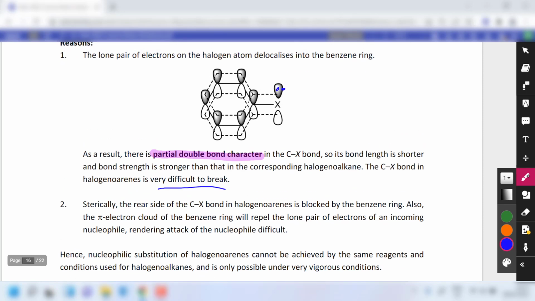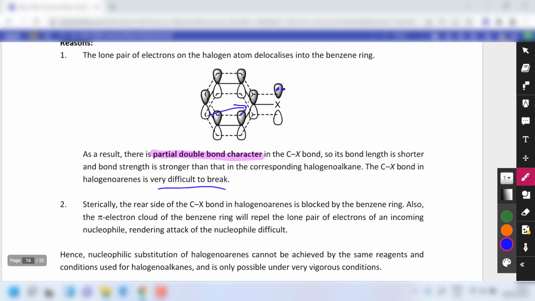In addition, you notice that for nucleophilic substitution, if it is going to undergo an SN2-like mechanism, you will be expecting the nucleophile to approach from the rear of the C-halogen bond. In this case, the rear of the C-halogen bond is over here.